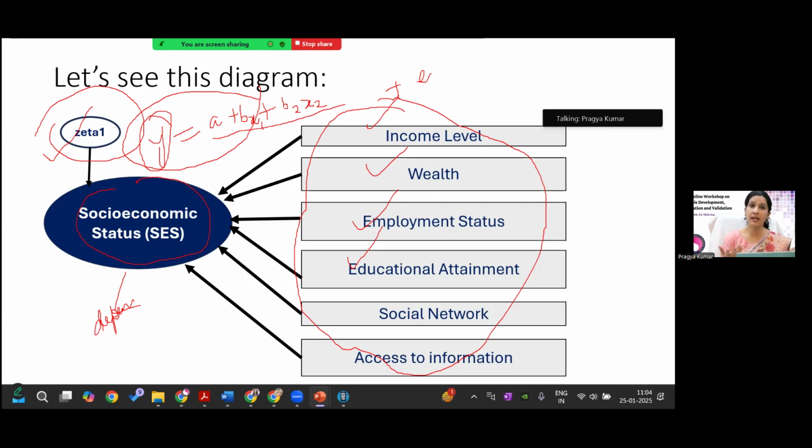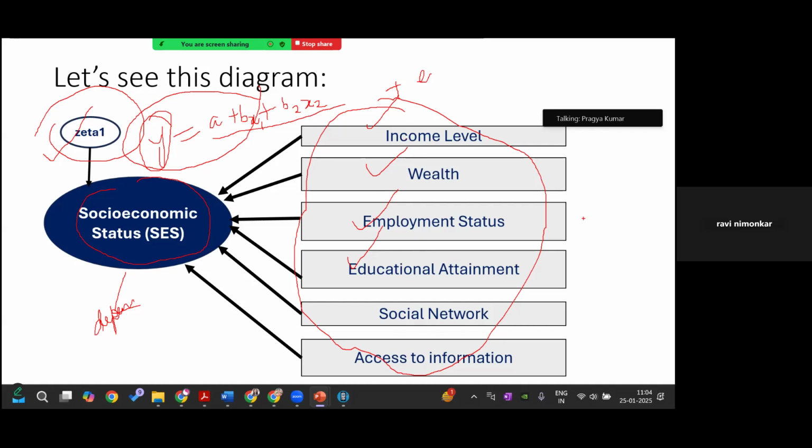There is no way I can find my true weight. There will always be some amount of error, and that error is here. If I see the total variance, meaning variation in this socioeconomic scale due to all these variables, I cannot explain 100% variation of socioeconomic status by these variables.